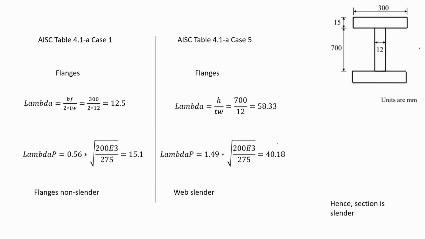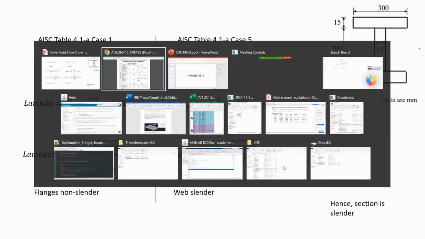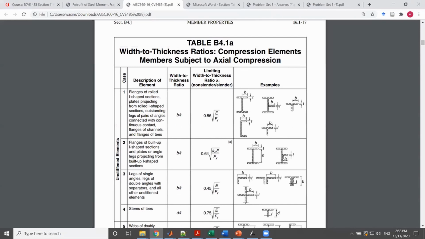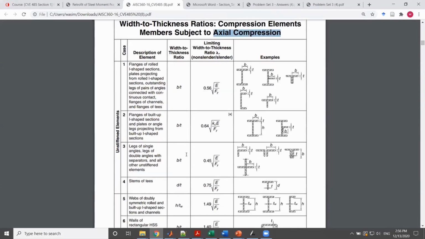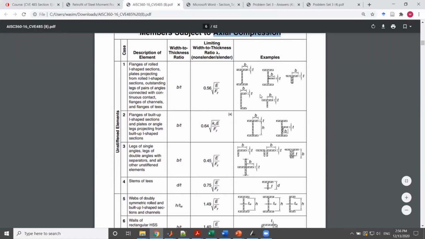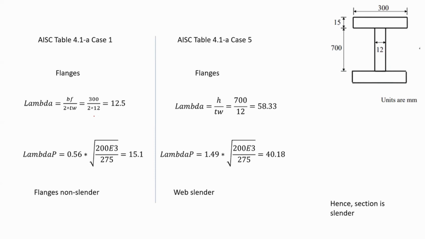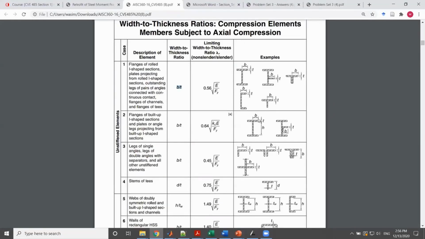Okay, now if we check another shape, I have another wide flange, but it's under axial load. So I'm going back again, I'm going to check this table. And in here, I have a wide flange. So as you can see here, flanges of rolled I-shaped sections. It says in case number 1, the lambda is b over t. And if we calculate b divided by t, as we see from the drawing in here, this is your b and this is your t.